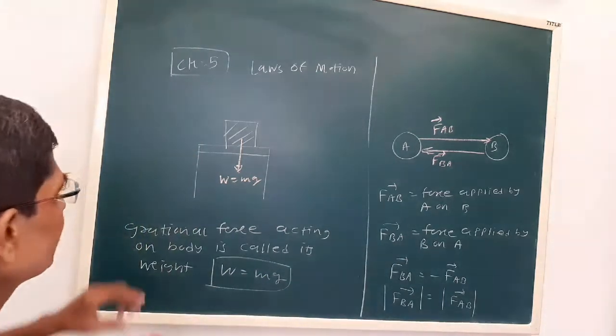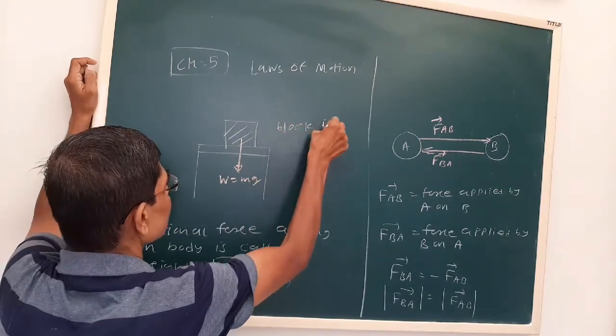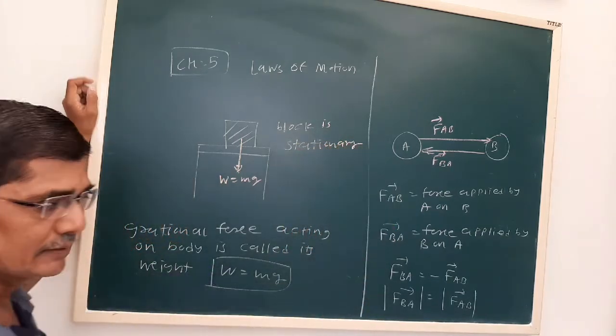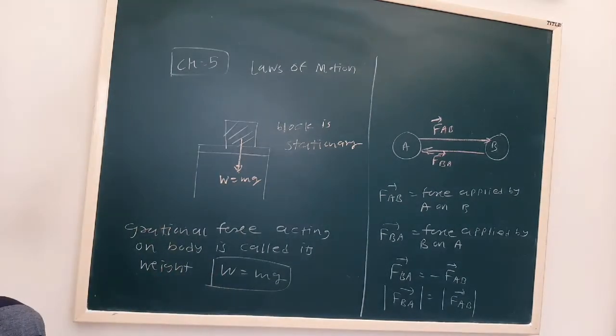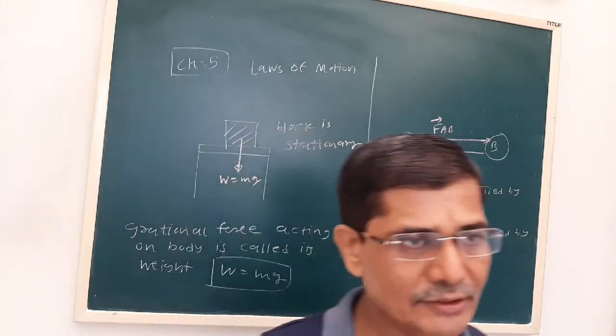Now here, a block is placed on a table and the block is stationary. Now mg, that is the weight, is the only force that is unbalanced.